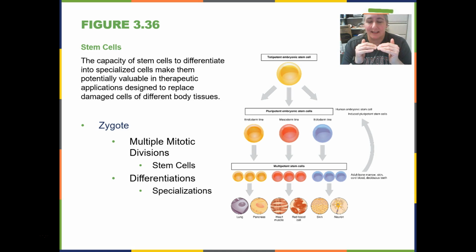And that's about day 3 or 4 that the ball of cells will actually be able to enter and embed in the uterine lining. It takes approximately 3 weeks for the embryonic disc to form.